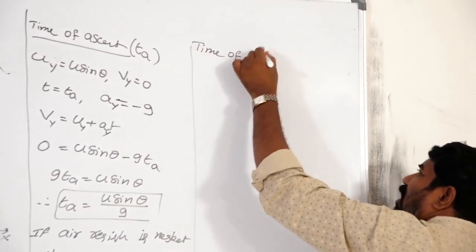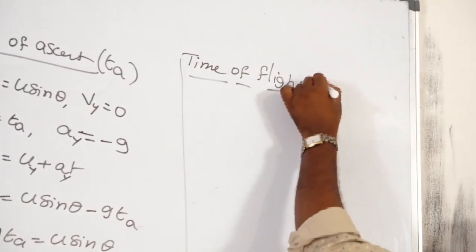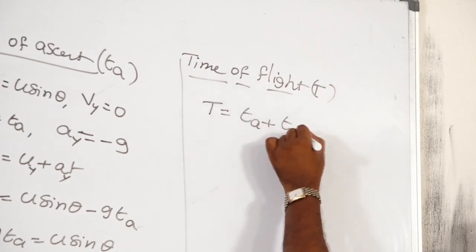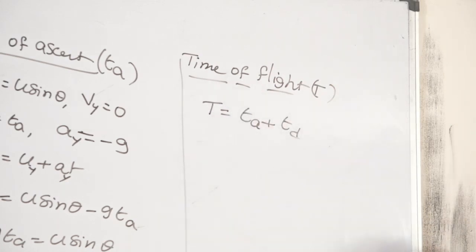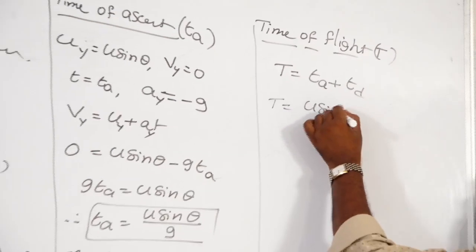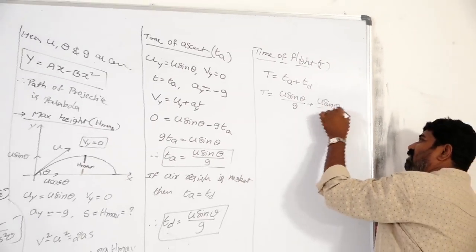Next, time of flight. Time of flight is the sum of the time of ascent and time of descent. Time of ascent is u sin θ / g, plus time of descent is u sin θ / g.